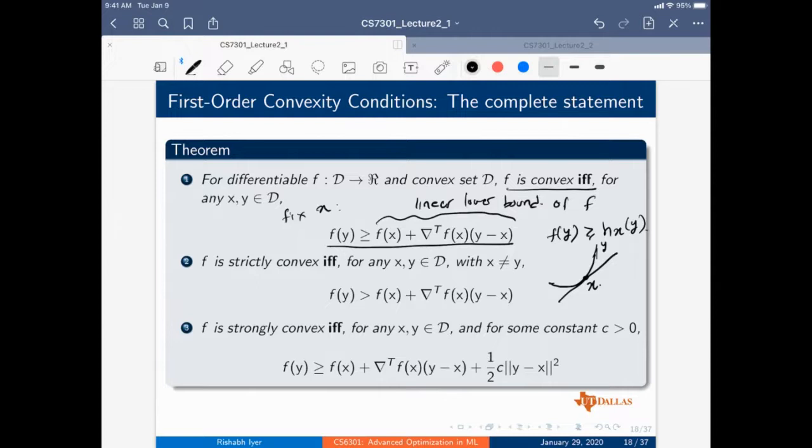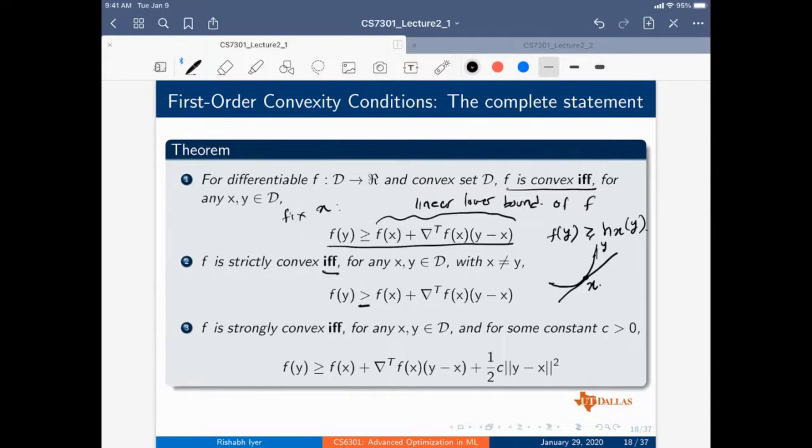Similarly, you can show that f is strictly convex if and only if this inequality holds with strict inequality, so it can't be equality anywhere.